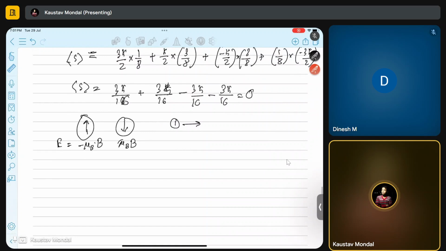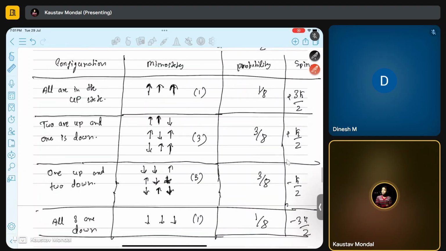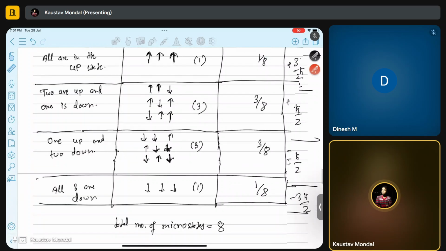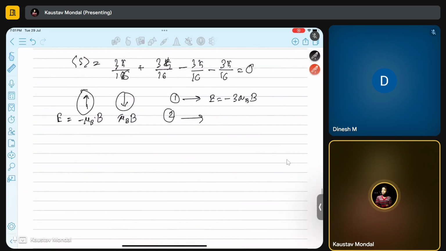In that case, the total energy would be minus 3 mu b into b. In the second case, when two particles are in spin up and one particle is in spin down state, the total energy would be minus mu b into b, since two particles are upward and one particle is downward.